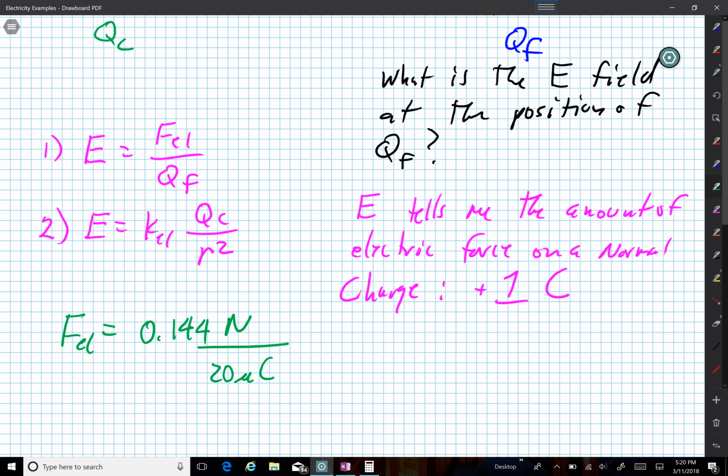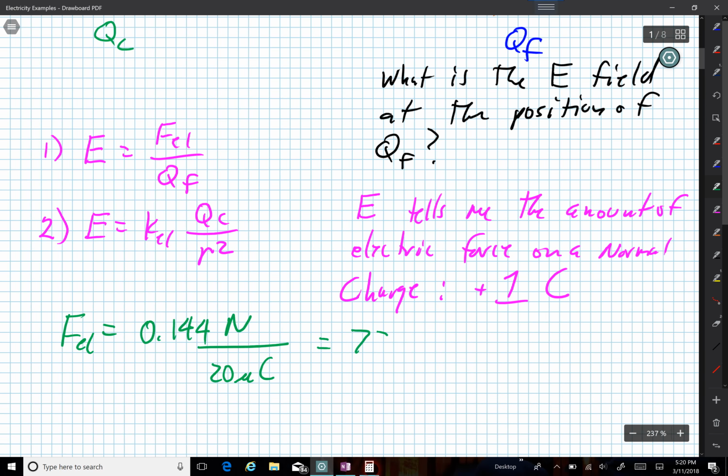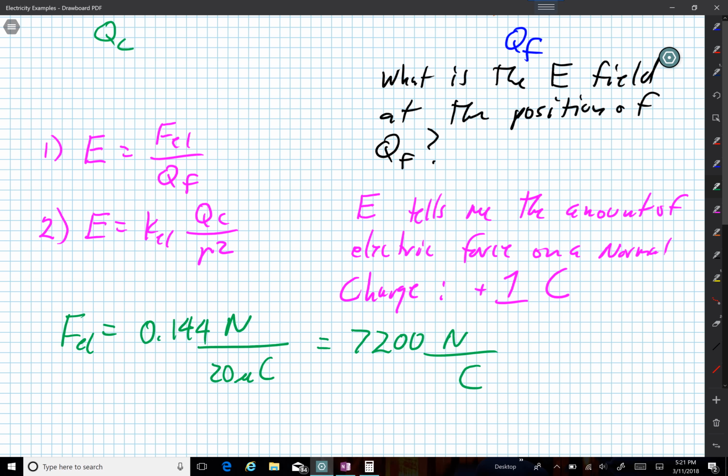Well, if I actually do this math, 0.144 newtons divided by 20 times 10 to the minus 6, I get 7,200 newtons per, and now I've done the math, so all I have is coulombs in the denominator because I've divided by the 20 microcoulombs.